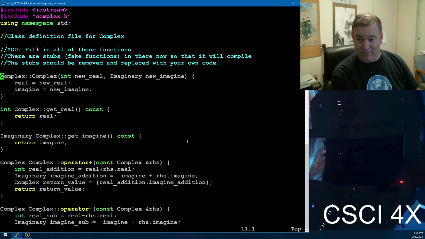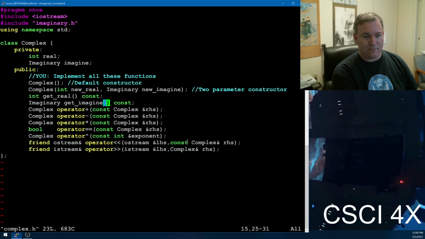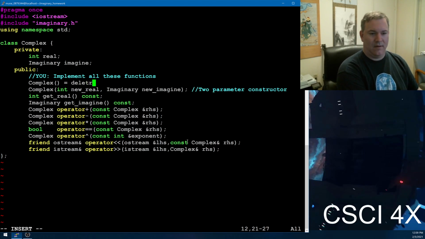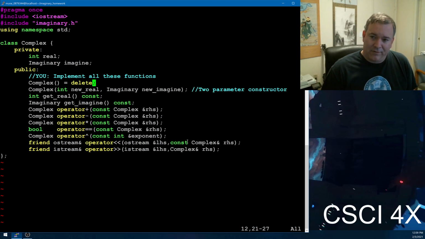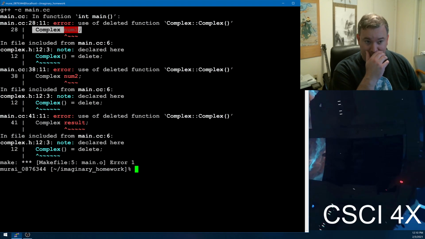So I would actually delete it, and then come into complex.h, and you can actually tell C++, I do not want a default constructor for this class. It'll make absolutely no difference for your code if I compile this. Use of deleted function. So you were actually making use of it, and so you did have uninitialized variables in there.